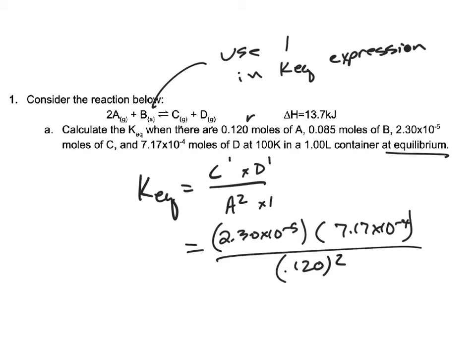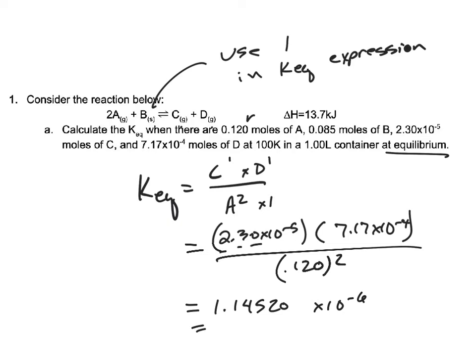And if you did this on your calculator, 2.3 times 10 to the negative 5th times 7.17 times 10 to the negative 4th, the product of those two numbers divided by 0.120 squared, you get 1.14520 times 10 to the negative 6th.